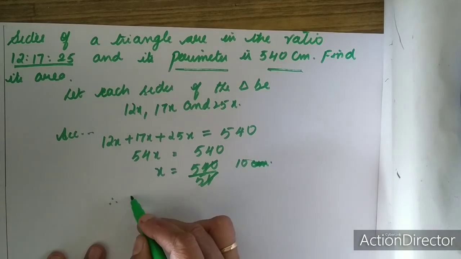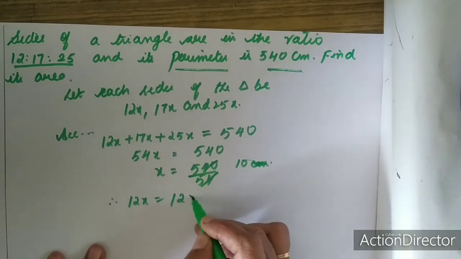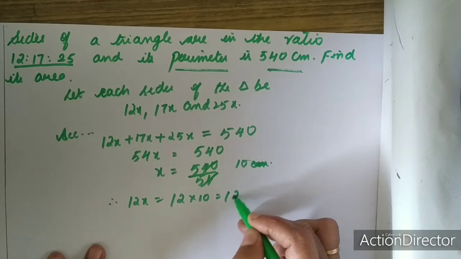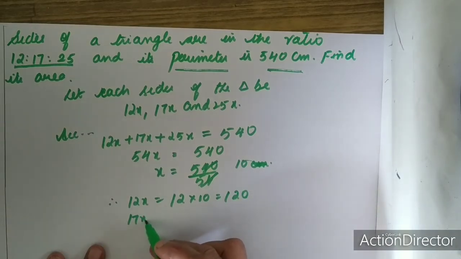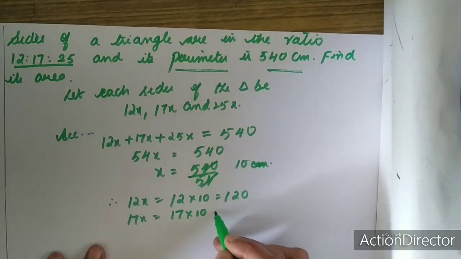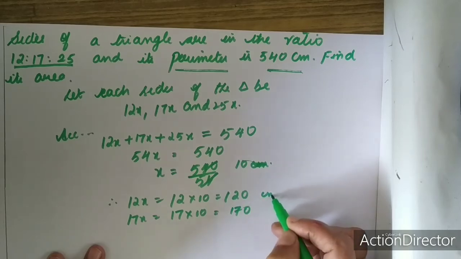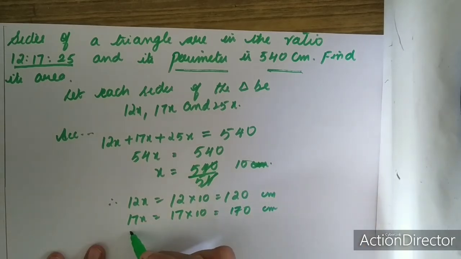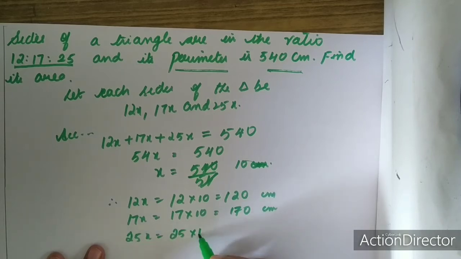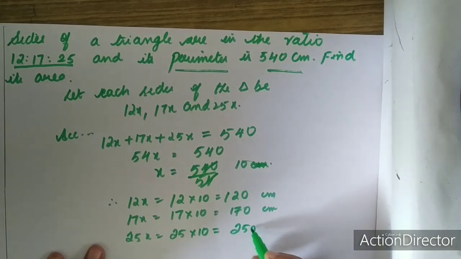Therefore, 12x will be equal to 12 into 10, which is equal to 120. 17x is equal to 17 into 10, 170. And the last one, 25x will be equal to 25 into 10, which is equal to 250 centimeter.